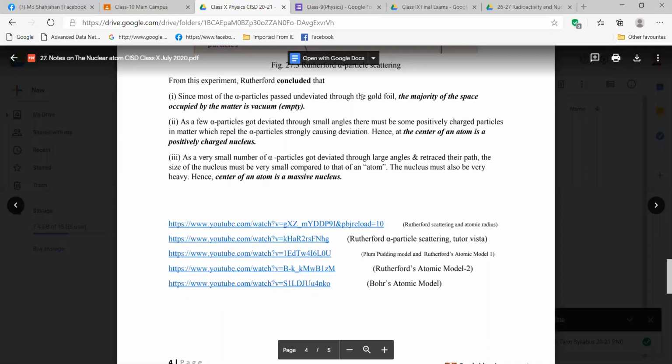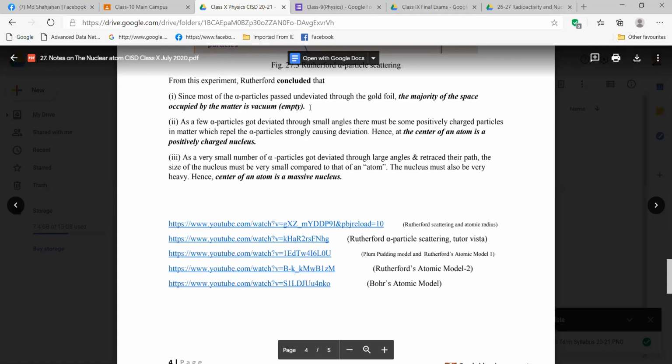From this observation, we got this conclusion: the majority of the space occupied by the matter is vacuum, or empty. You can say the maximum space of the atom is empty. Is the first point clear, Aisha?